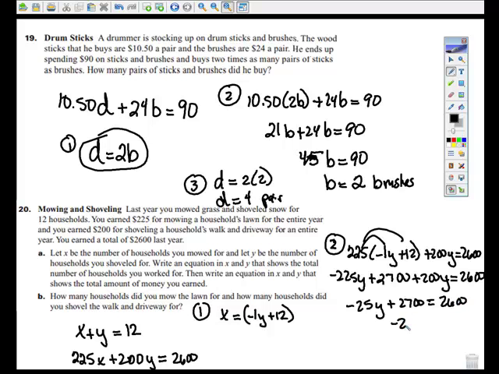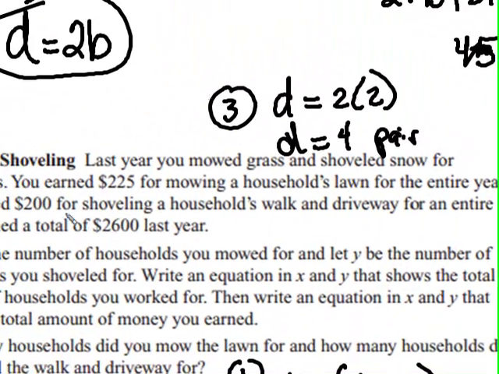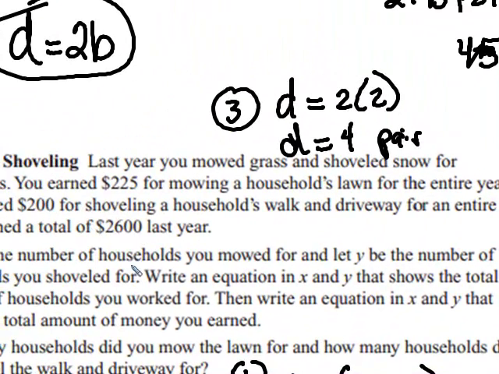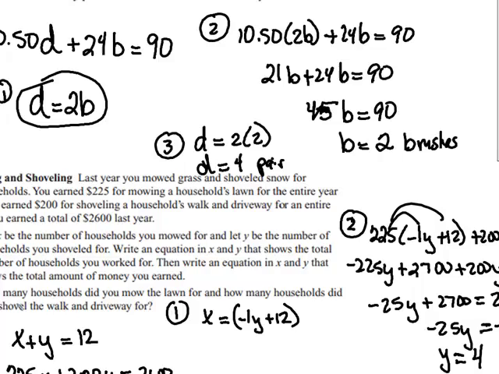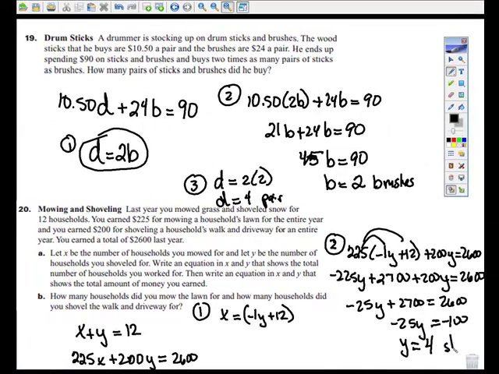Subtract 2,700, negative 25y equals negative 100. And if I divide by negative 25, I get 4. So this is 4, and this is y, and y was for shoveling. So we want to figure out how many households did we shovel. So 4 that we shoveled.